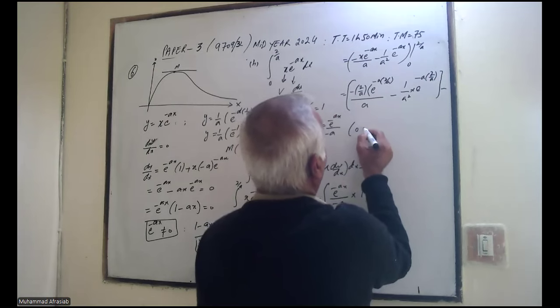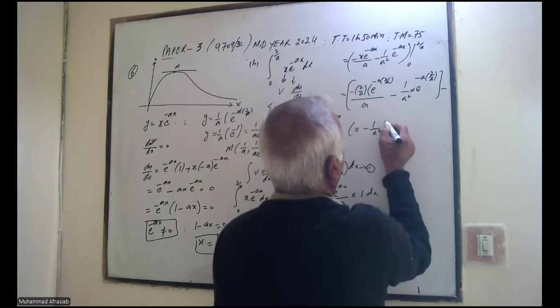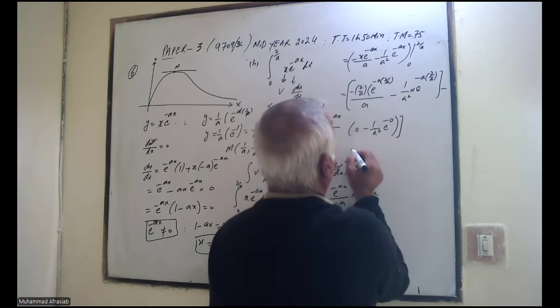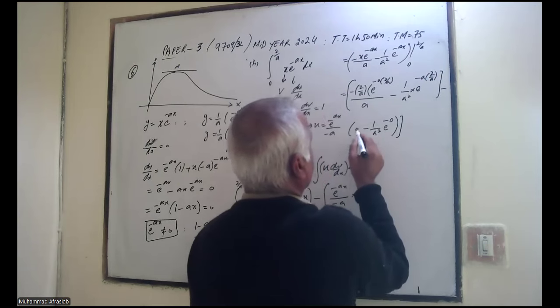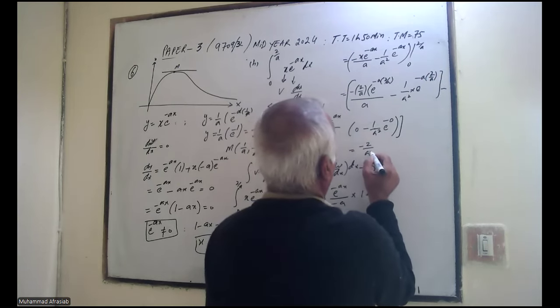Then the lower value will be 0, minus 1 over a square into e power 0. So this will be equal to minus 2 over a square.